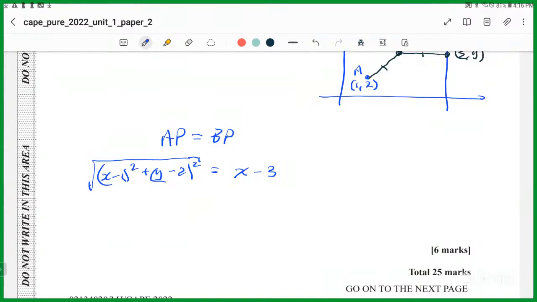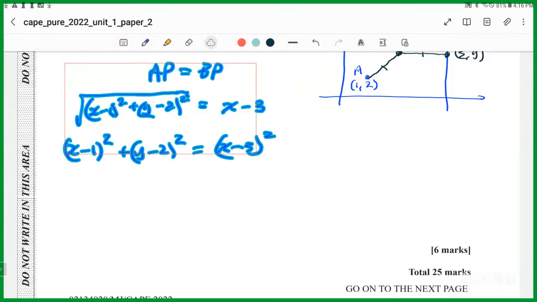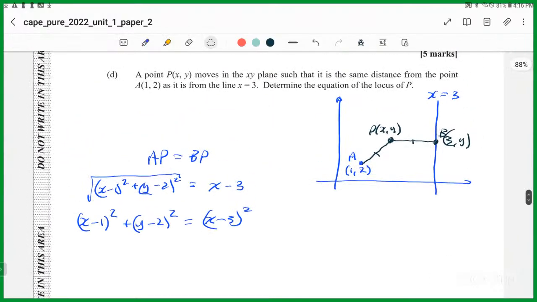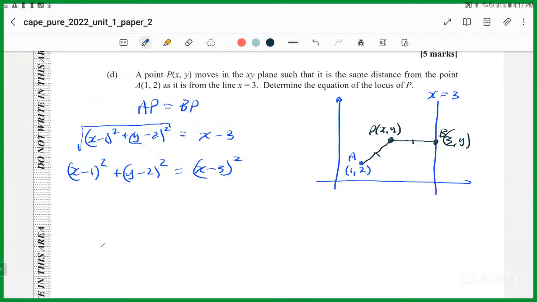So I square both sides and get x minus 1 squared plus y minus 2 squared equals x minus 3 squared. Let me shift this up. And then simplify this.